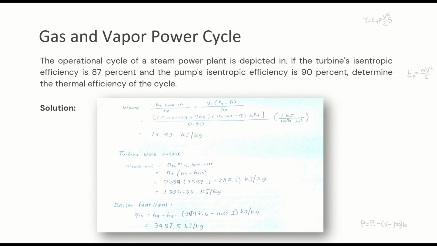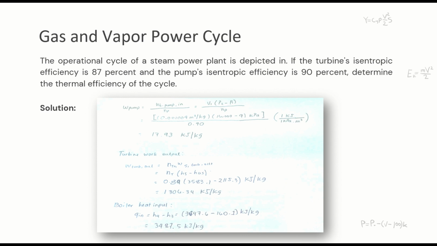Here, as we can see, a steam power cycle with specified turbine and pump efficiencies is considered. The thermal efficiency and the net power output are to be determined. Steady operating conditions exist, as we can observe. Kinetic and potential energy changes are negligible.